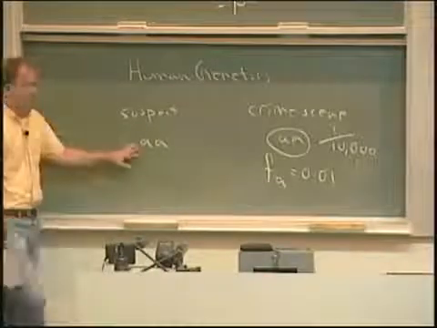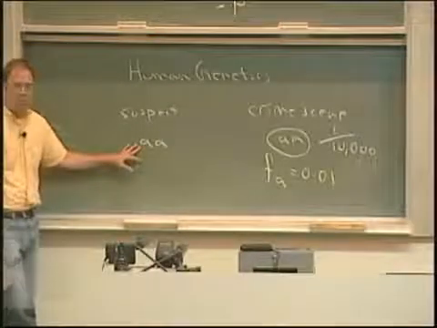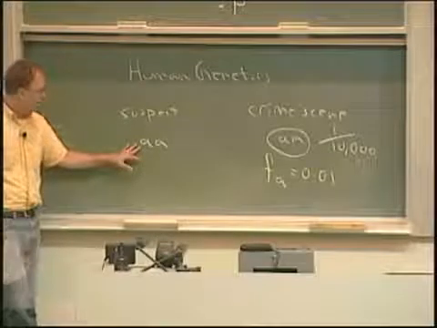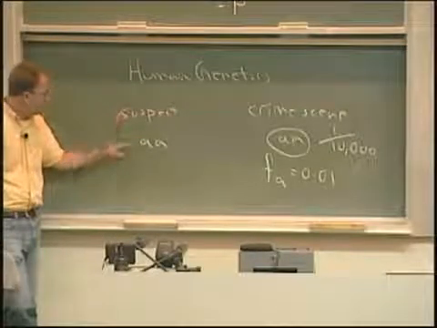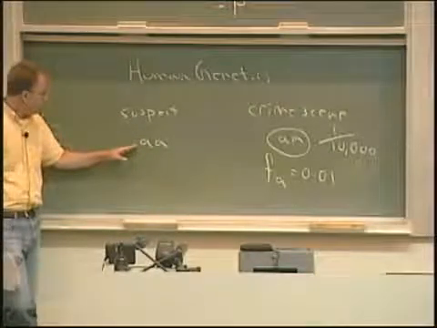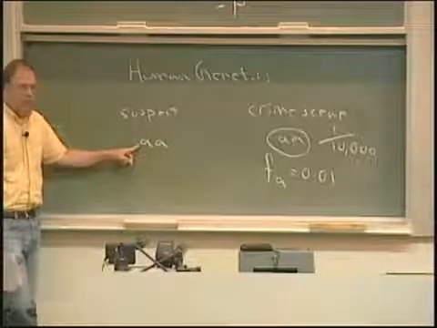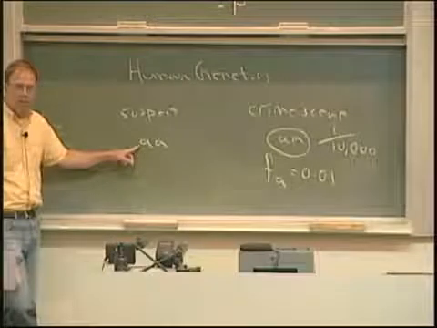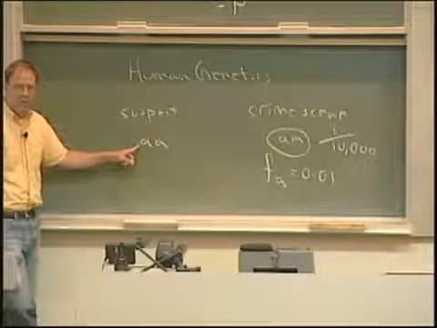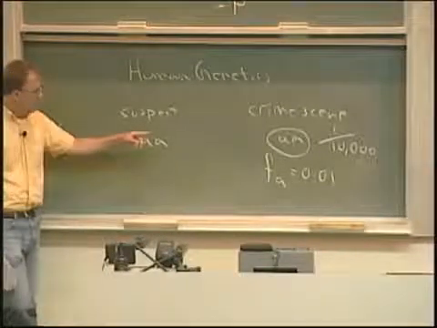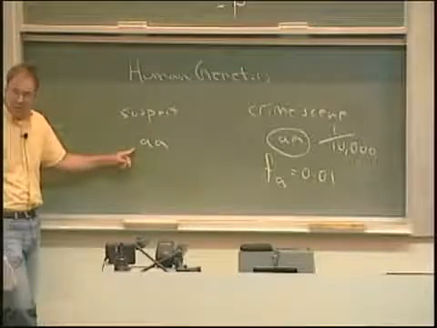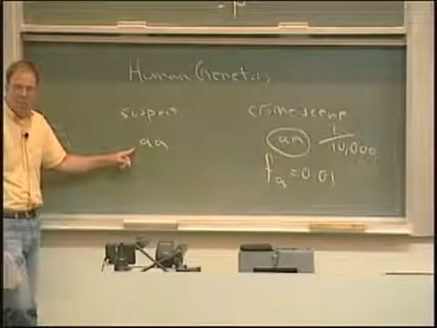So you can imagine the prosecuting attorney telling the jury and the judge, look, this fellow was found in the area. He was acting suspiciously, and he happens to have the same genotype as the sample left at the crime scene, and the probability of that match, they probably wouldn't tell you the theory behind it, but they would just say the probability of that match is 1 in 10,000.